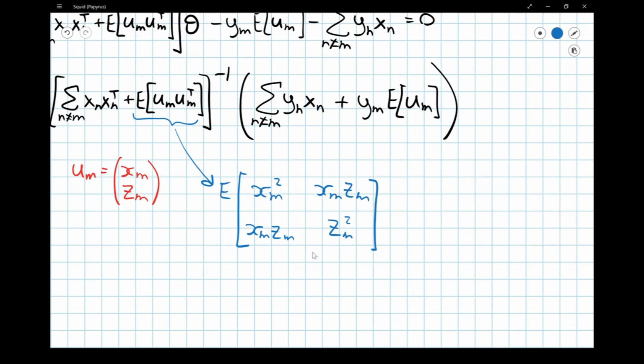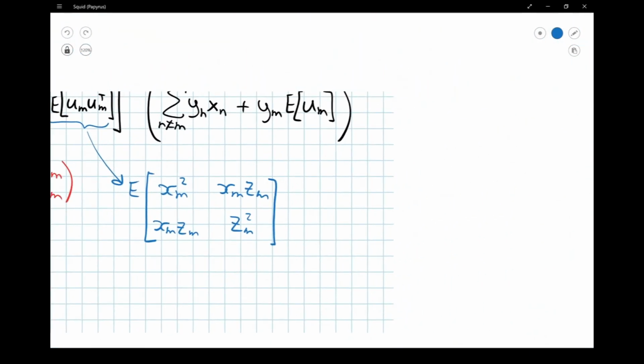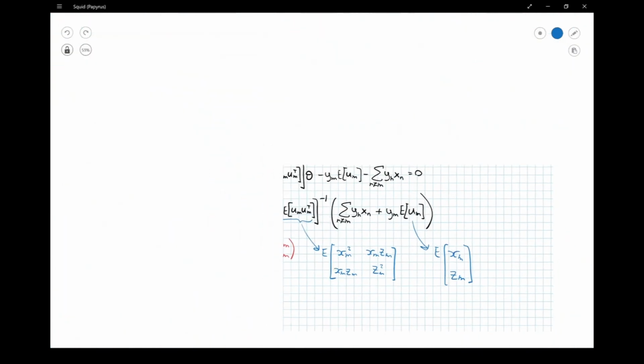This is where we'll need our expected zm squared. And then obviously here we've got the expected value of just xm and zm. So again, this is our first order term that we found in the last video.